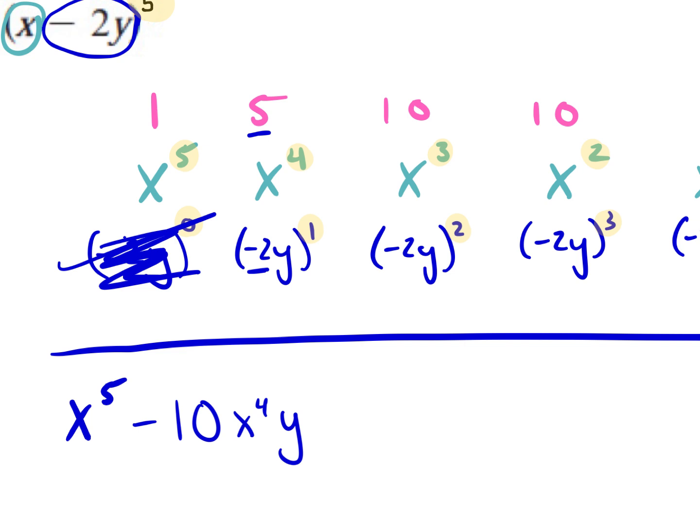In my third column, what do I have to do with the negative 2y squared? Distribute. We're going to distribute the squared. So what's negative 2 squared? Positive 4y squared. So we have 10 times 4 would be 40, so positive 40, x to the 3rd power, y to the 2nd power.